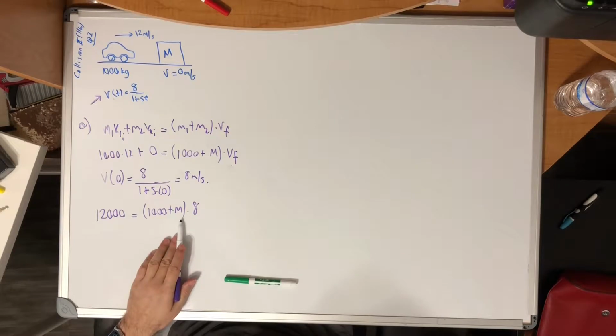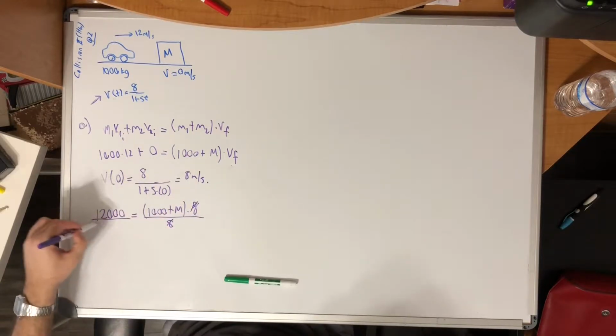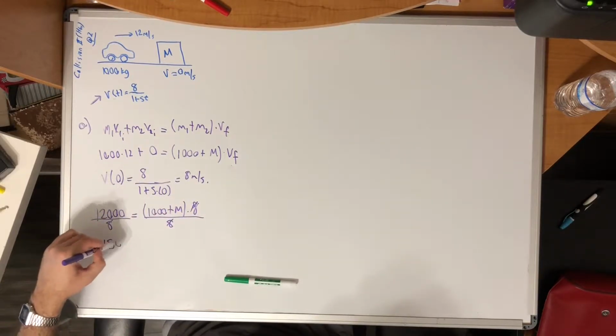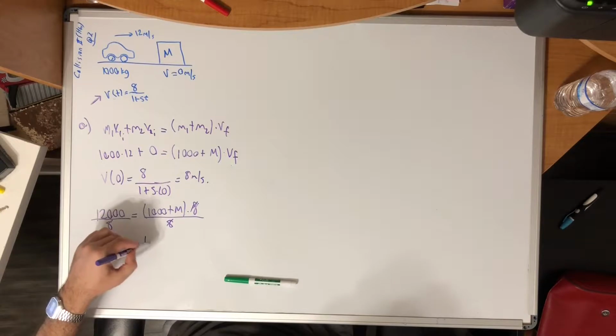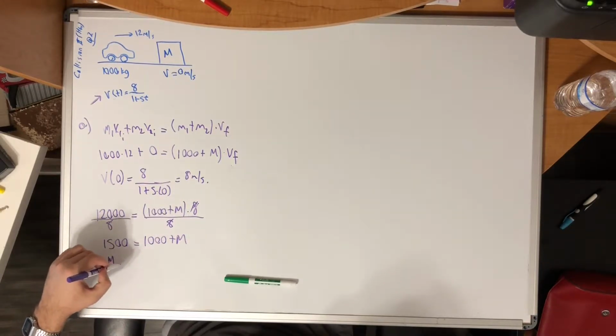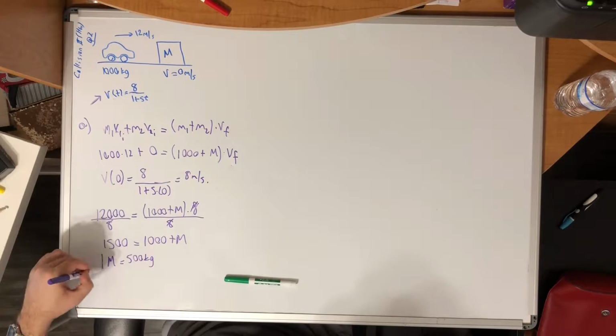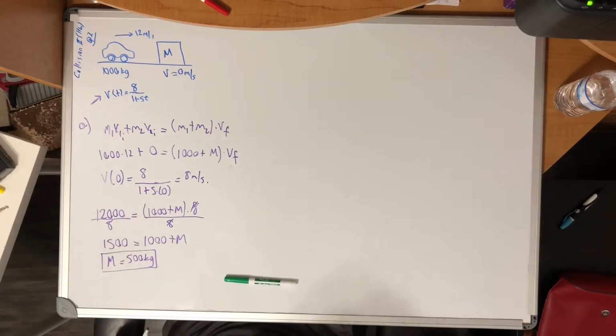Since we're trying to figure out m, we divide both sides by 8. Then 1,500 is equal to 1,000 plus m, and m becomes 500 kg. So this is part A.